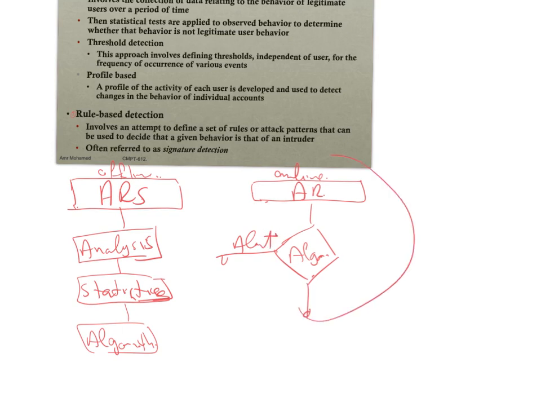Online, we take a certain audit record or set of audit records, we apply this algorithm, okay? And then the algorithm says this is an alert or no alert. If no alert, then we go back and so on.